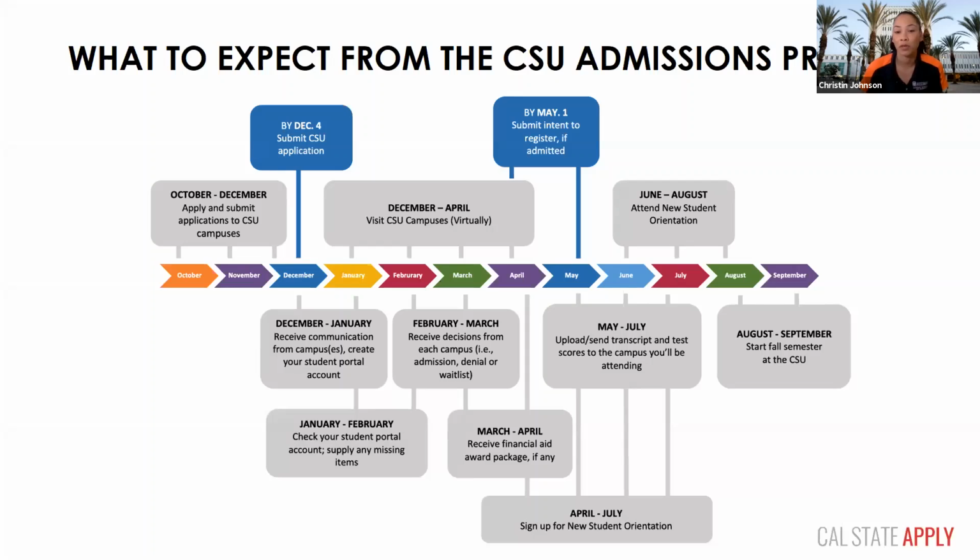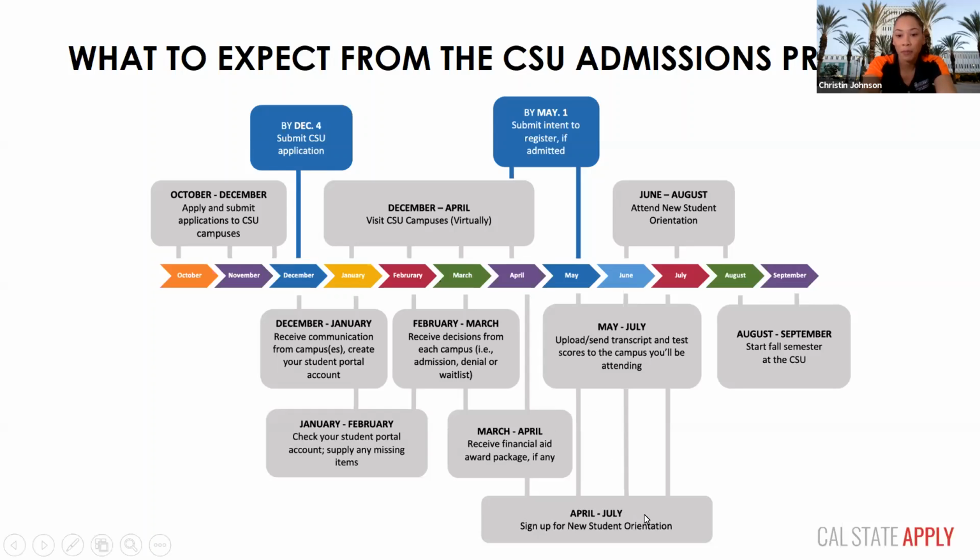February through March is when you will receive a decision from the campus that you've applied to, so be on the lookout for your decision early. March through April is when you would receive your financial aid award package if you are eligible, so be on the lookout for that as well.